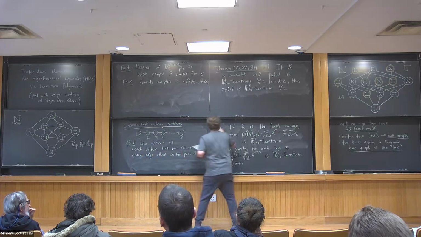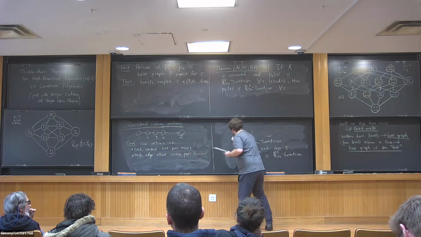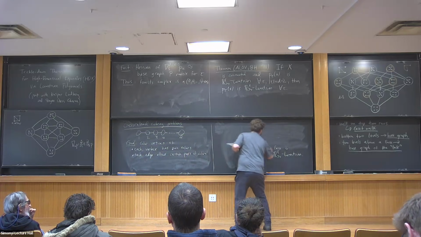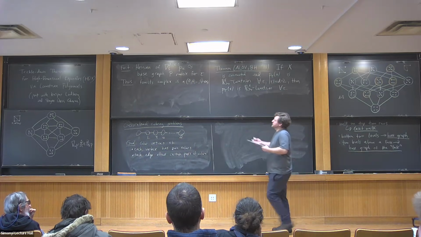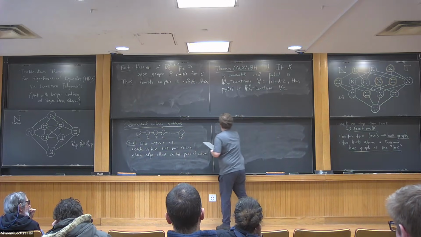So we're just going to be looking at a path for now. Each vertex has its own set of colors, I'm going to color each vertex with something out of my set of colors, and each edge is going to have some rules for what's allowed to show up for those two vertices.